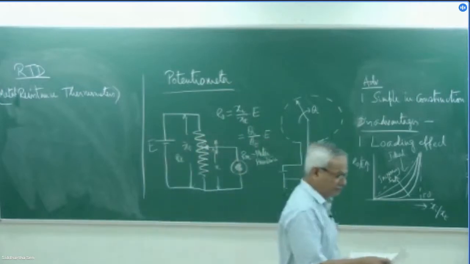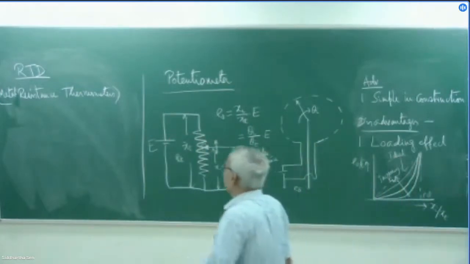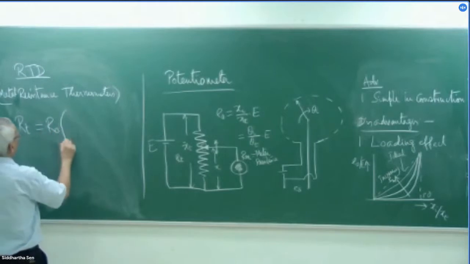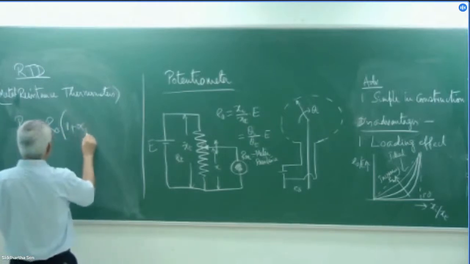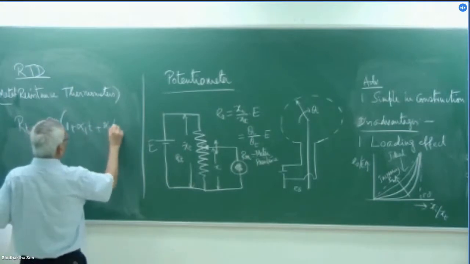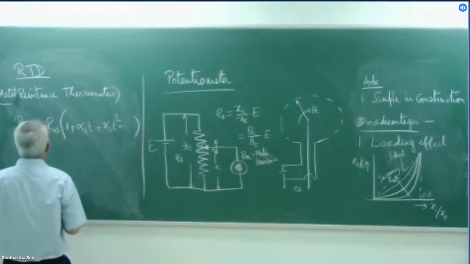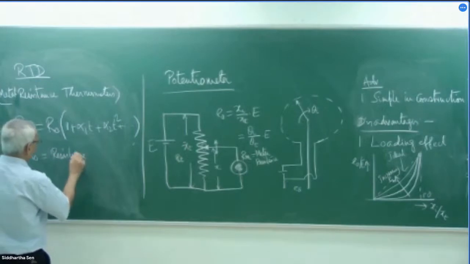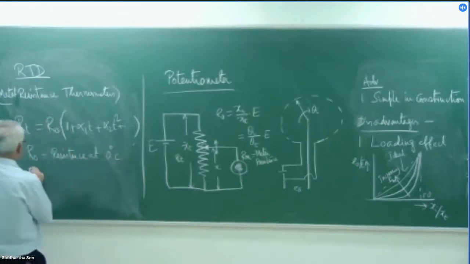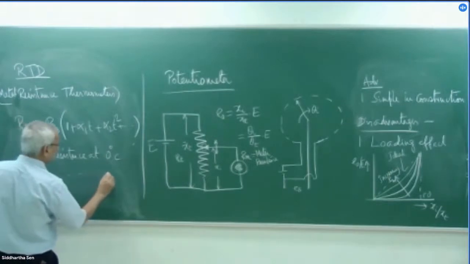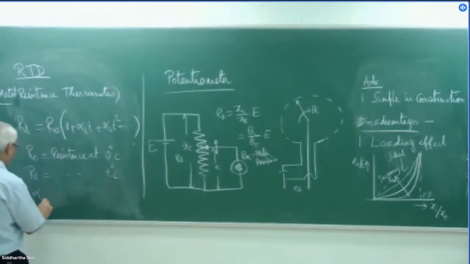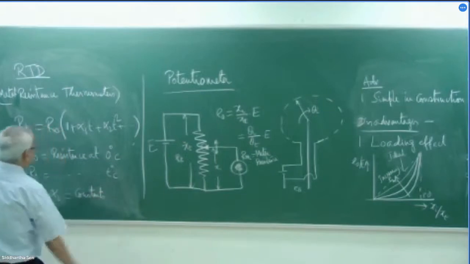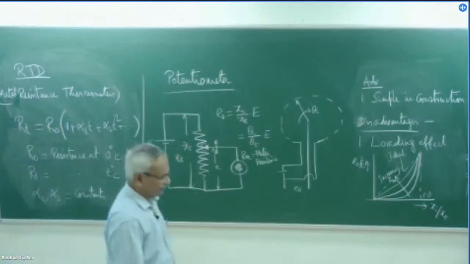In fact, they are expressed in this way: RT is equal to R0 into 1 plus alpha 1 t plus alpha 2 t square plus etc., where R0 is the resistance at 0 degrees Celsius, RT is the resistance at T degrees Celsius, and alpha 1, alpha 2 are constants.